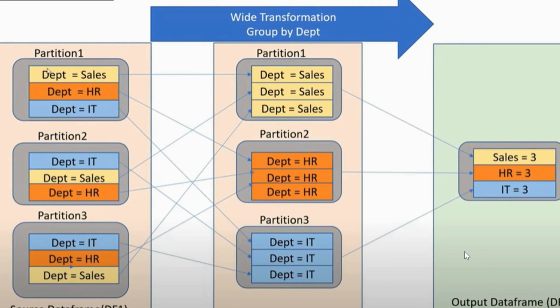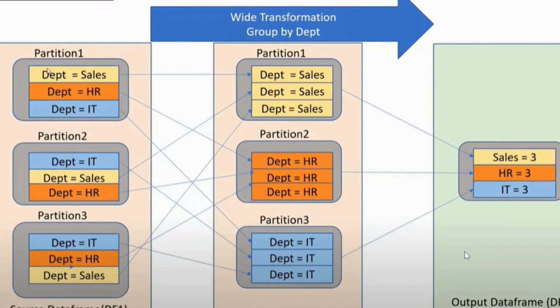So for that, I need to get the data from partition 1 to see if sales is present in partition 1. Yes. Let's move it to partition 1 of executor 1. Now I'll go to partition 2 of executor 2 and see if sales is present in partition 2. Yes, I found it. So now I will move it to partition 1 of executor 1. Similarly, I will check with partition 3. So now in one executor, all the data having sales is transferred to one executor. So now if you see, there's a lot of shuffling involved here to group it by department.